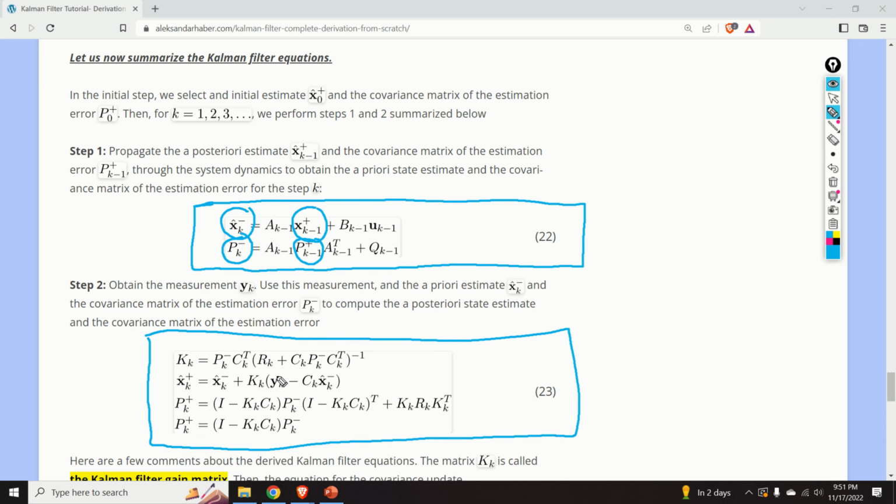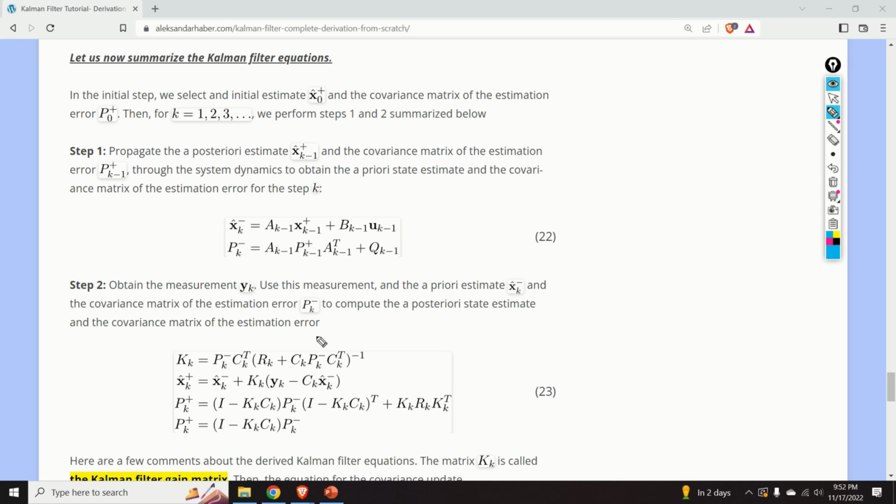So here's our recursive least squares method. We take the a priori values, that is, the a priori covariance matrix. We use this a priori covariance matrix to compute the Kalman filter gain. Then we use the Kalman filter gain over here and the a priori state estimate and the measurement y_k obtained at the discrete time instant to compute the a posteriori state estimate at the discrete time instant k.